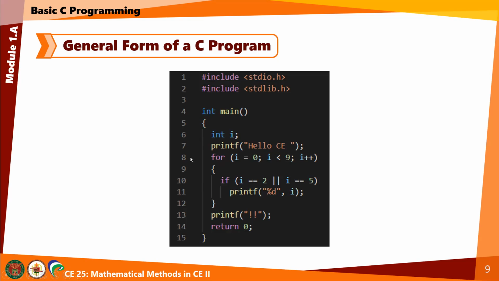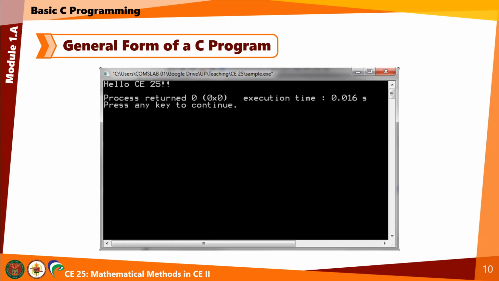No, hindi pa din. Ngayon, mag-add siya ng 1 ulit. So 2 na siya. Is i equal to 2 or i equal to 5? Yes, so it will print i. So it will do it as long as i is less than 9, and then print double exclamation mark. So as you can guess, this is the program output. Naintindihan naman?